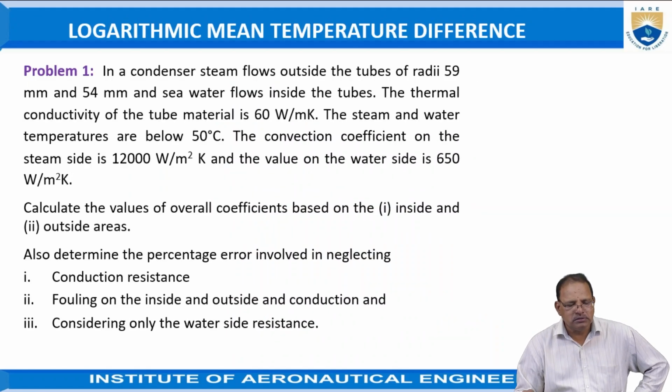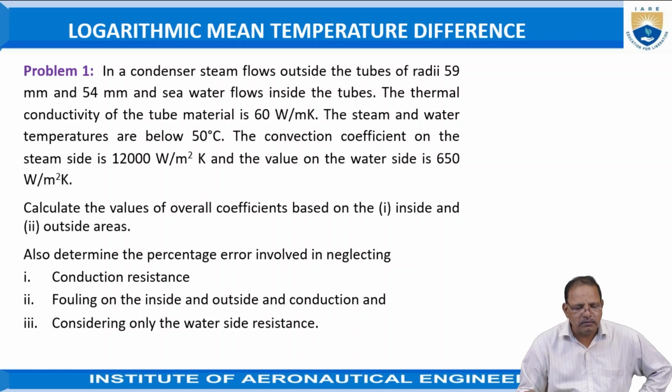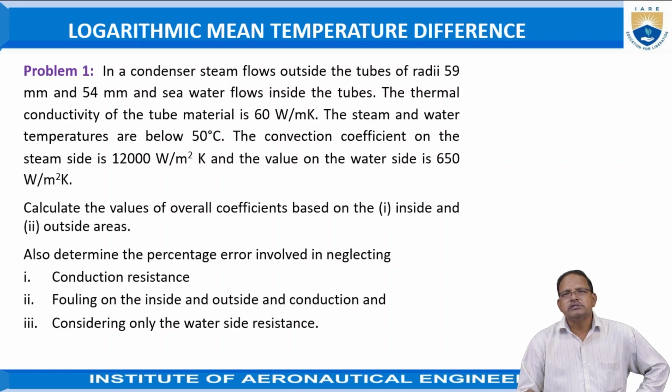Okay, based on the fouling factor, we are having one problem now. In a condenser, steam flows outside the tubes of radius 59 mm and 54 mm, and seawater flows inside the tubes.